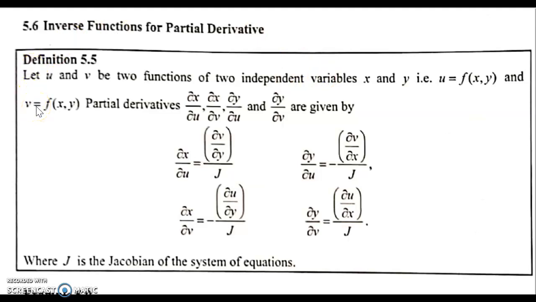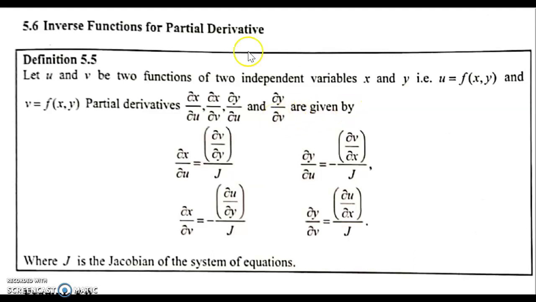The same goes for this one. When you find the derivative here, you will get partial v over partial x and partial v over partial y. In a case where you want to find a derivative the other way around, so you have partial x first, then over partial u, partial x over partial v, partial y over partial u, and partial y over partial v, as you can see, the numerator and denominator are upside down.